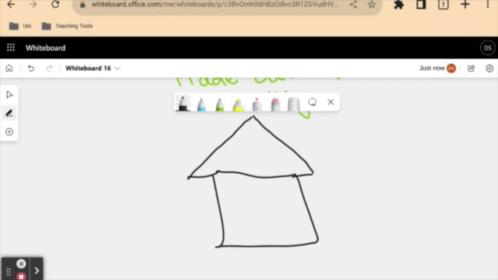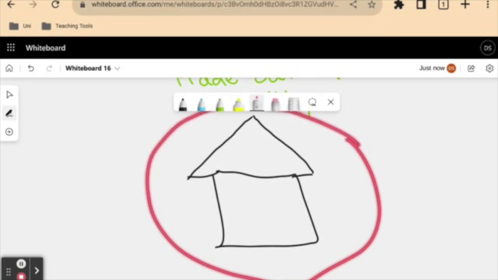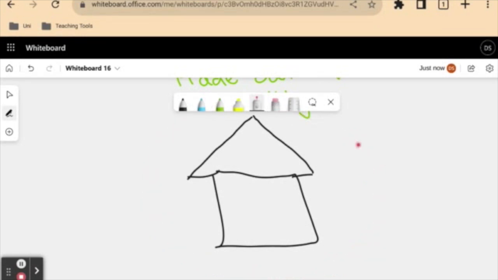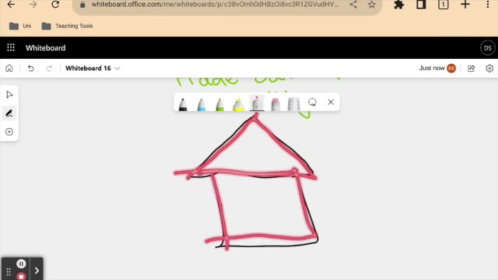And a house, at least in this childlike drawing context, is a composite shape. We have one new shape, the shape of our house, composed of two known shapes, two pre-existing shapes. We have a triangle here and we have a rectangle here. Now, some houses can be squares, some can be rectangles, but the idea I'm trying to get at is that our house here is a composite shape.